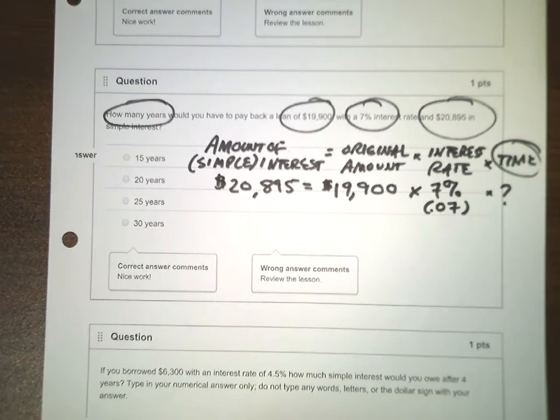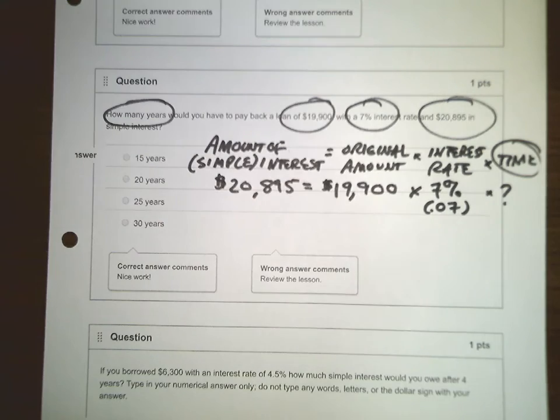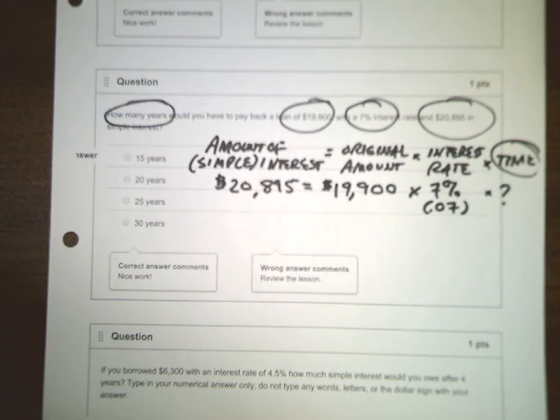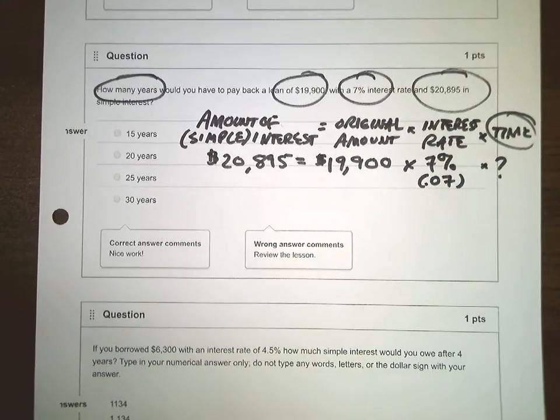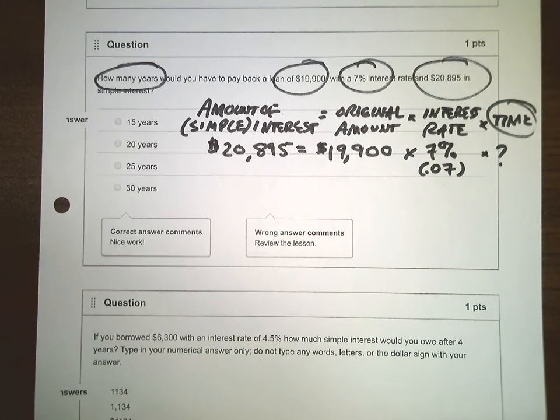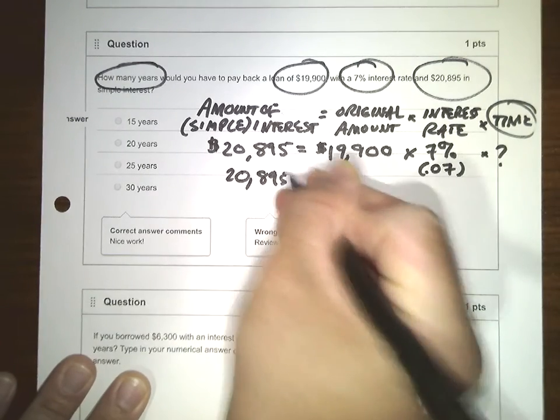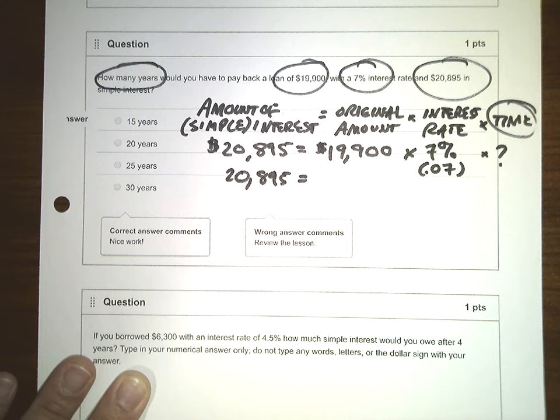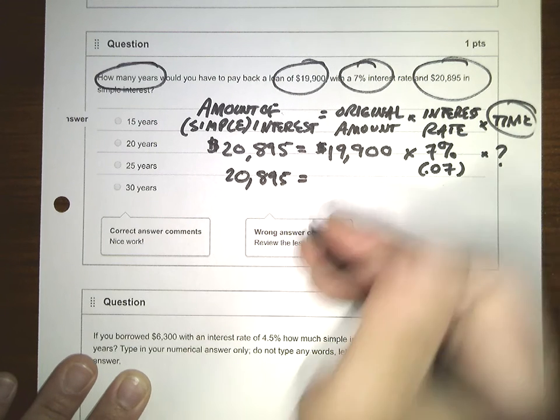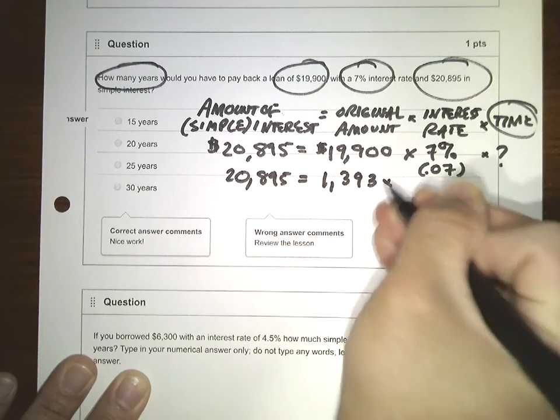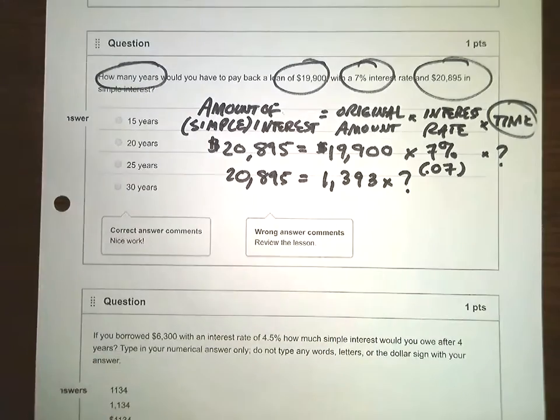So here, let me focus this in a little bit for us. I'm not sure what happened there, but we'll try to make sure this is as clear as possible for you. So now we have 20,895 is equal to, let's multiply the 19,900 times the 0.07. So that's 1,393 times the amount of time that we don't know.